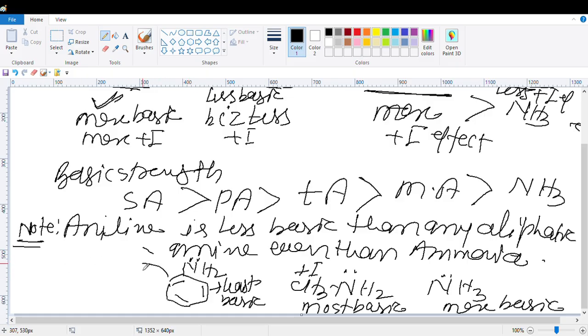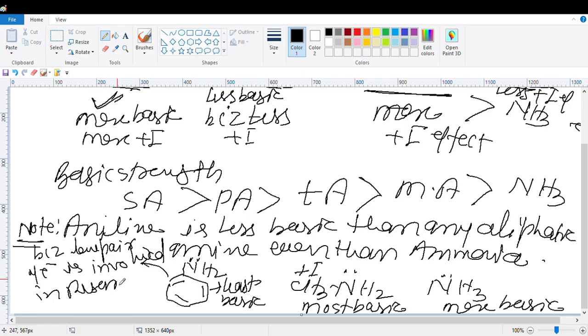So this is least basic because lone pair of electron is involved in resonance and negative charge density becomes less on nitrogen atom because this lone pair of electron is involved in benzene ring, and it is called an activating group actually.